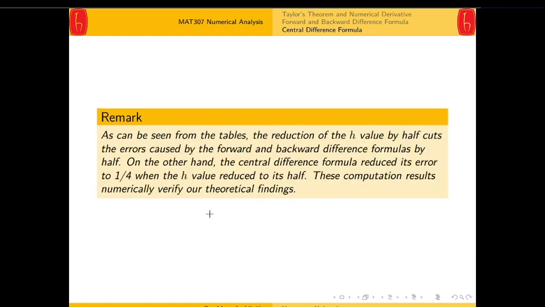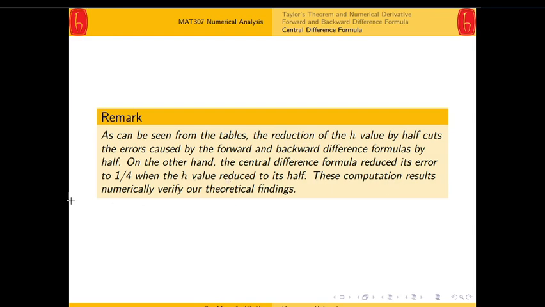And a remark: as can be seen from the tables, reducing h by half cuts the error caused by the forward and backward difference formulas by half. This is something we mentioned earlier. And in the central difference formula, the error is 1/4 when h is reduced to its half.